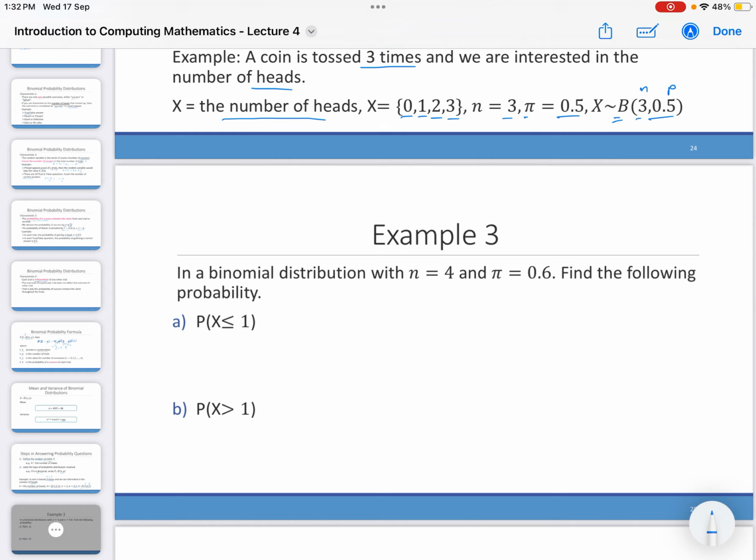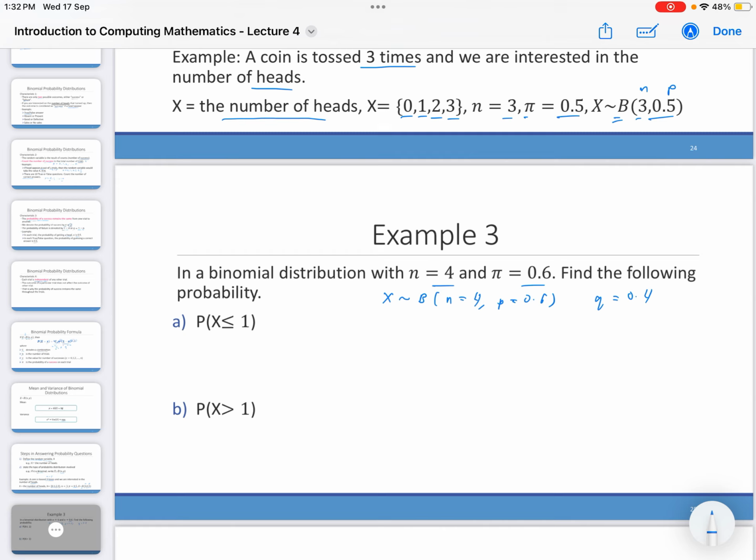So in a binomial distribution with n equals 4 and pi equals 0.6, find the following probability. So we know x is binomial, and then n equals 4, p equals 0.6. So from here we know q equals 0.4, 1 minus 0.6.